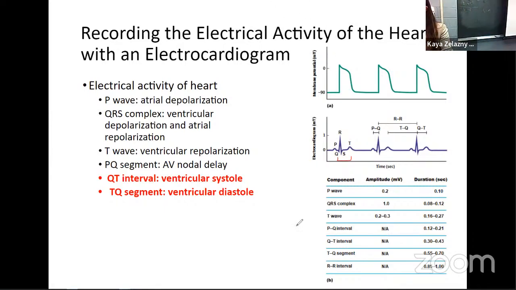And so then our other thing we would want to measure is the difference between T, so the end of that contraction basically, and our next segment. So between T and, I should make that line actually a little longer. Right. So between T and the next Q, so the next beginning of our QRS segment.